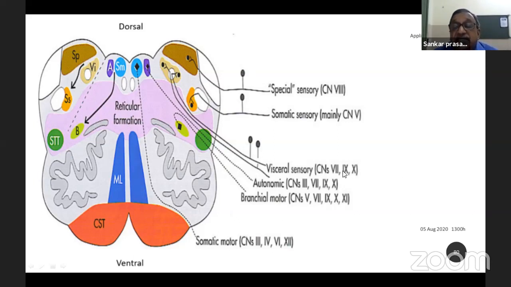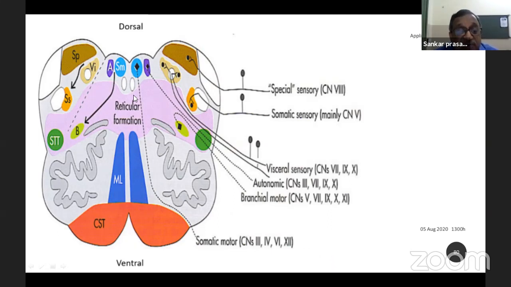The cranial nerves 7th, 9th, and 10th are here. So the cranial nuclei are placed dorsally. The motor ones are placed ventrally. One important aspect we should know is that from the nuclei, the fascicles come through the parenchyma and exit. That is cranial nerves 3, 4, 6, and 12.